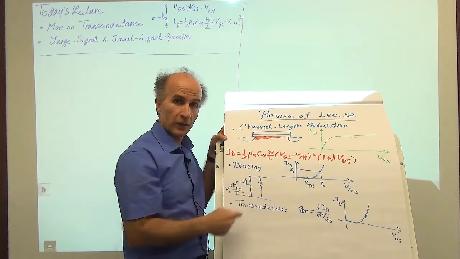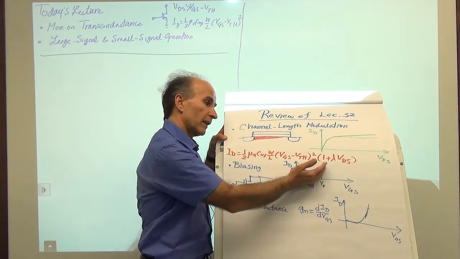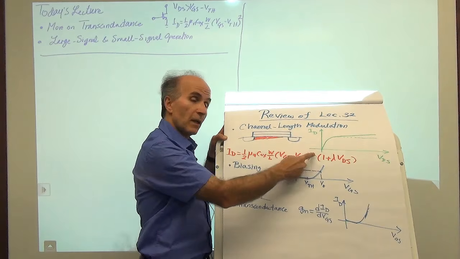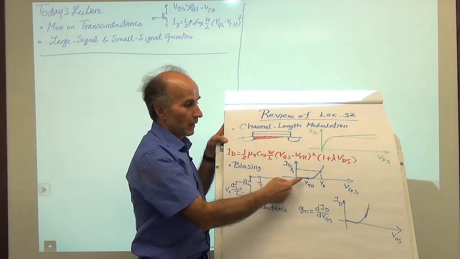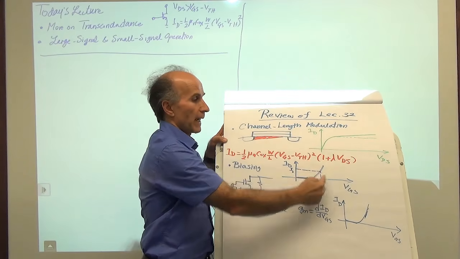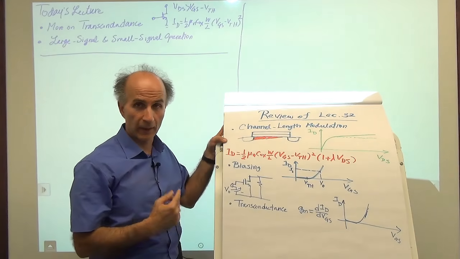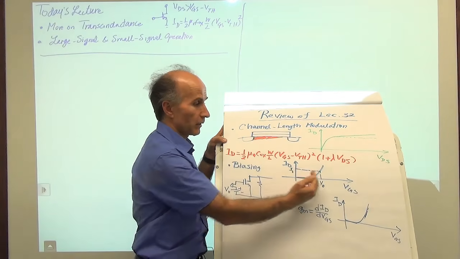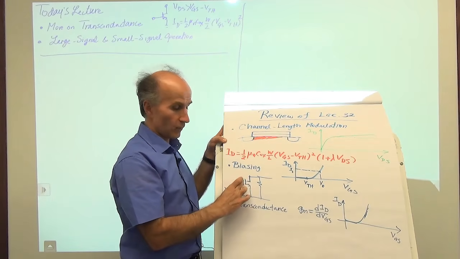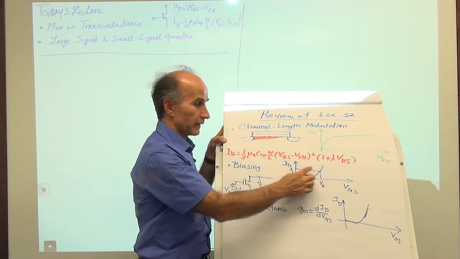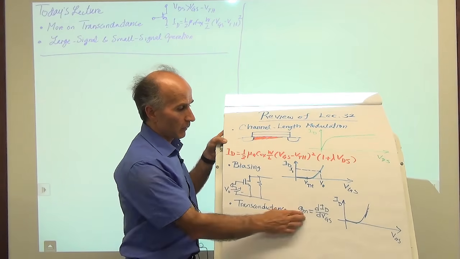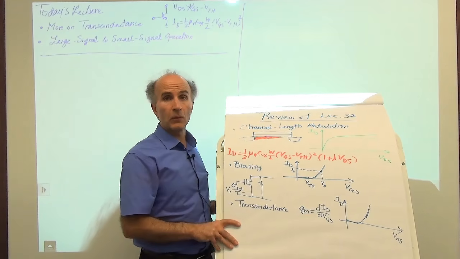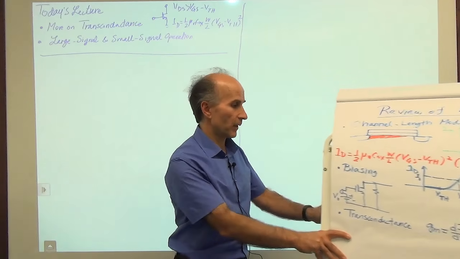Because of the power of 2, this slope keeps increasing as VGS increases. And that tells us that a higher bias voltage for gate source gives us a higher current and a higher slope. All right. So today we will delve into GM a little more and try to understand its properties.